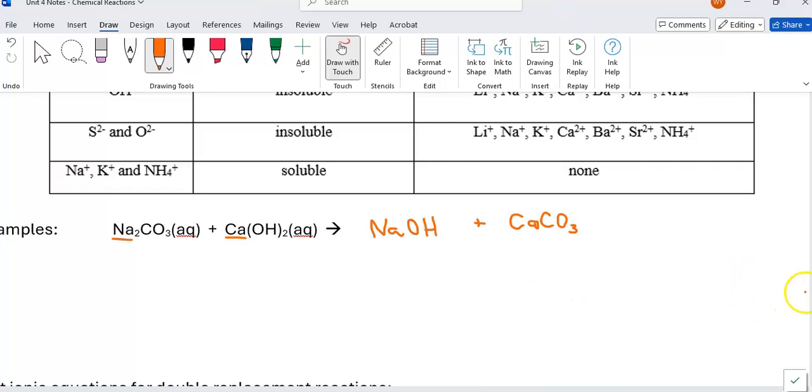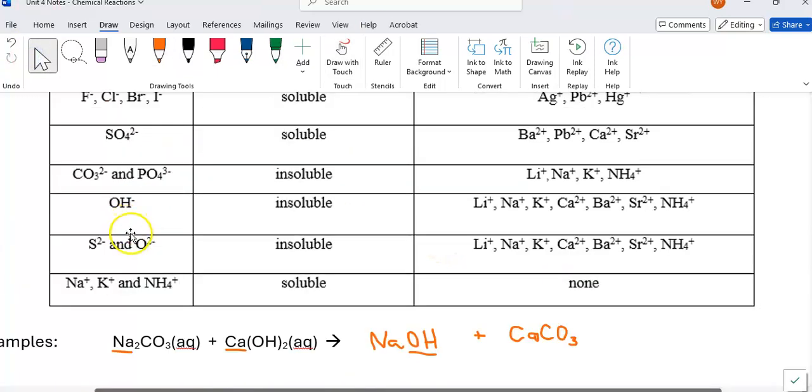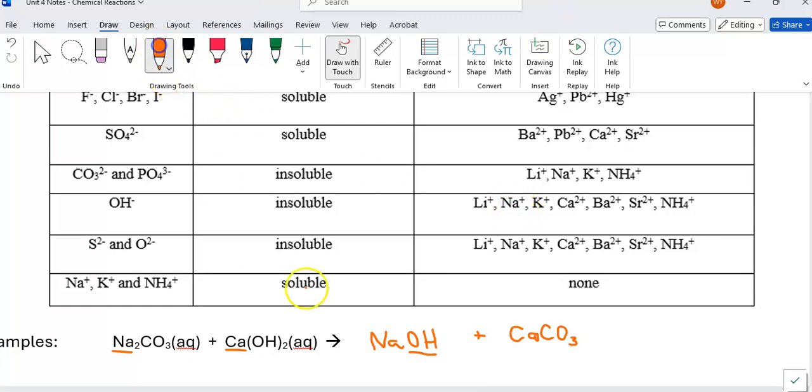And so I go through my rules, and I see that the rule for hydroxides says what? It says that hydroxides tend to be insoluble, but there are a bunch of exceptions, and sodium is one of those exceptions. So therefore, even though most hydroxides are insoluble, sodium hydroxide is soluble.